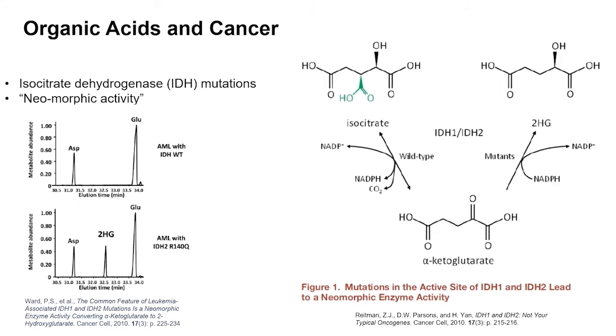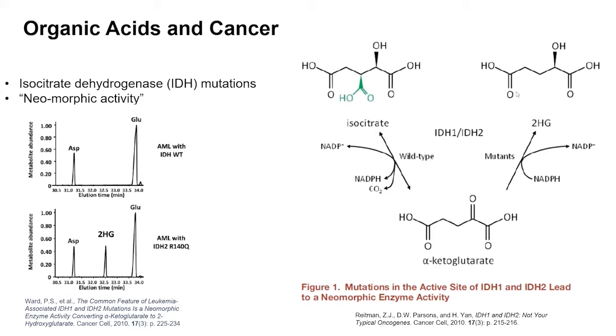And originally it was thought, well, it doesn't work properly. But it turns out that these cancerous mutations in IDH1 work just fine. What they do is they do a different type of enzymatic activity. So these mutated cancerous IDH mutations, instead of taking isocitrate and converting it into alpha-ketoglutarate, these mutated enzymes take alpha-ketoglutarate and instead convert it into something called 2-hydroxyglutarate, okay?